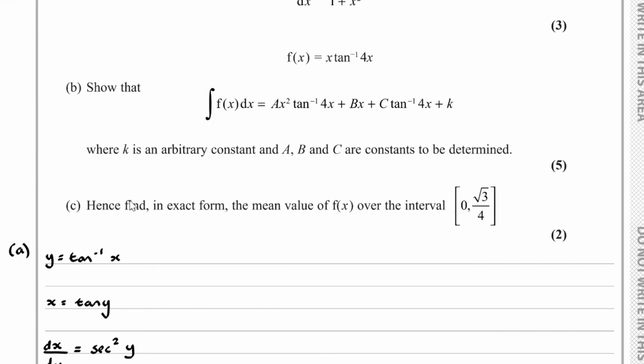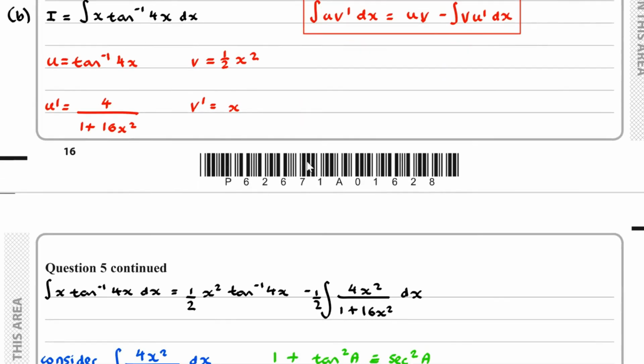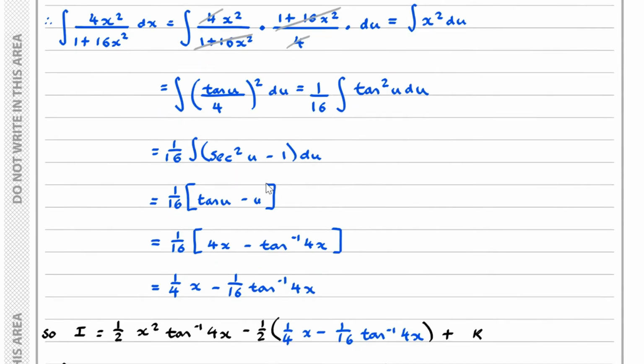Now for part C of the question, hence find in exact form the mean value of f of x over the interval 0 to root 3 over 4. So this is quite straightforward.